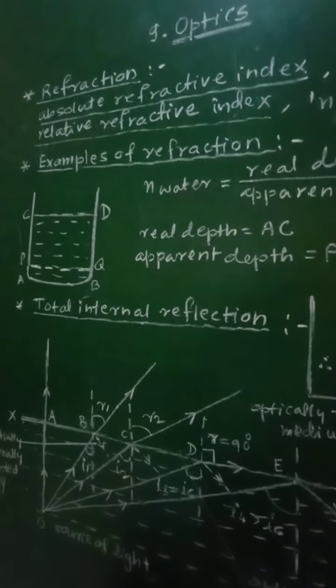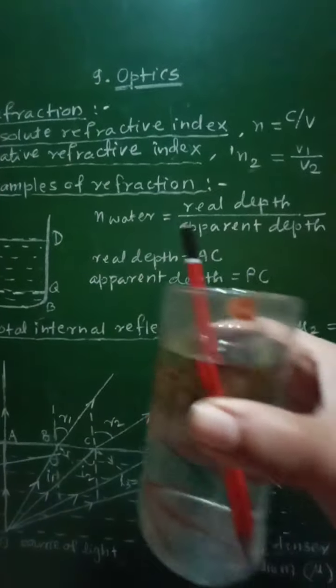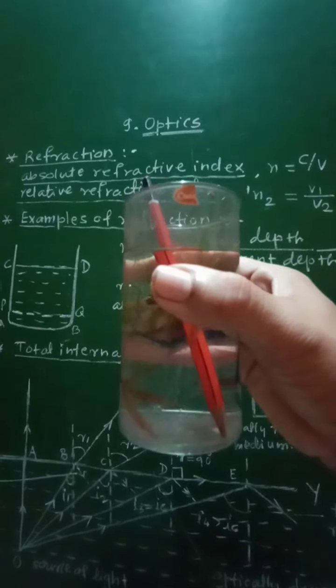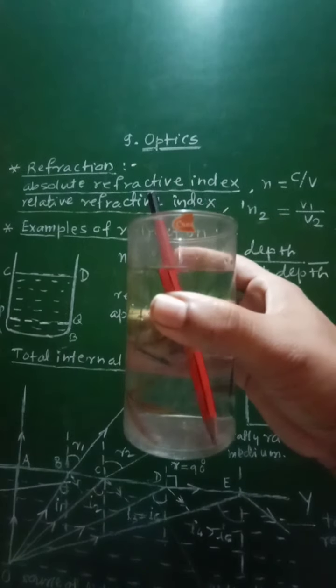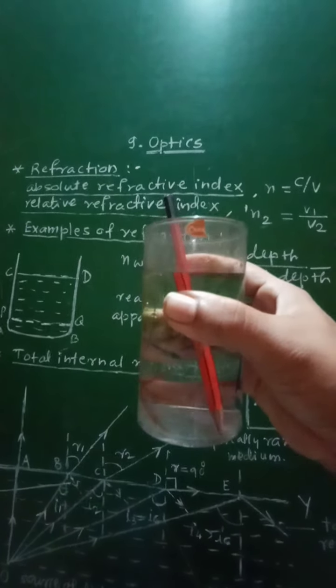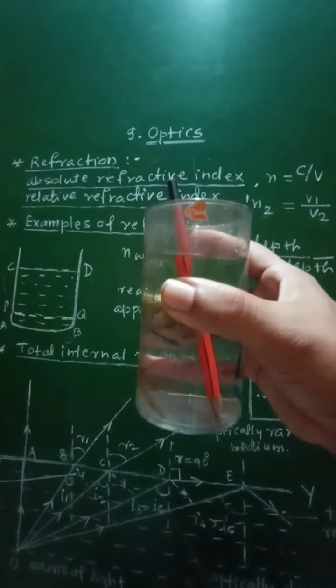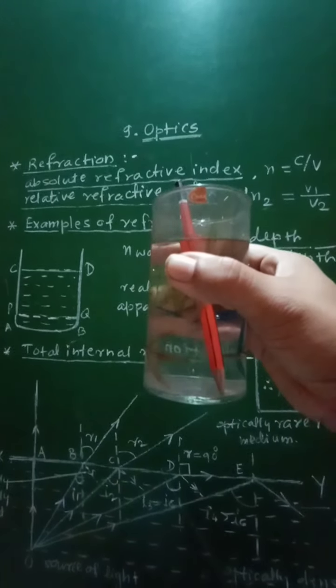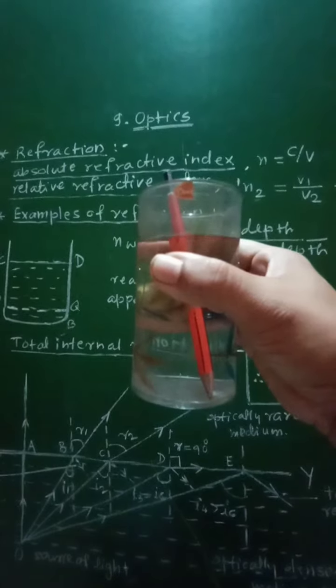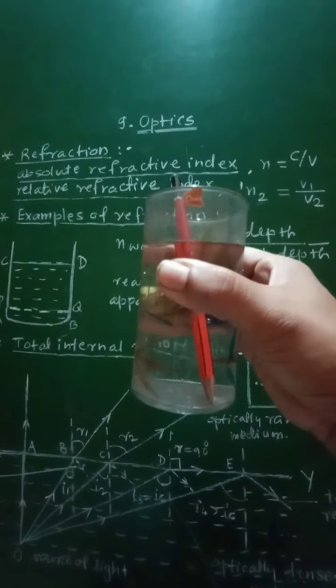Now in this case, if we observe this glass horizontally, then this will be the upper side of the liquid level. Then the distance between the liquid level and the bottom of this glass will be nothing but the real depth of water.